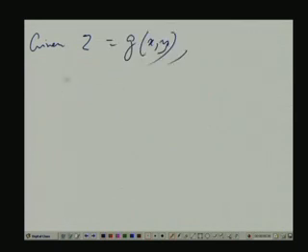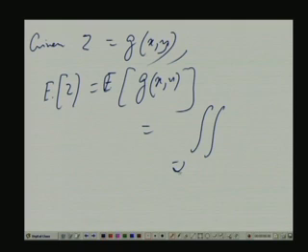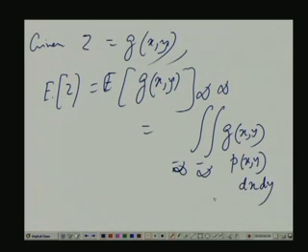Okay. So, I rewrite the result given, is nothing but, okay.